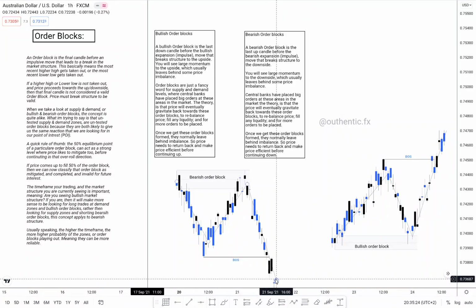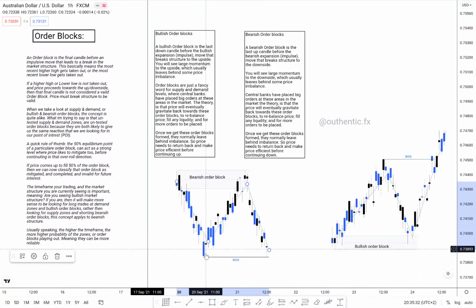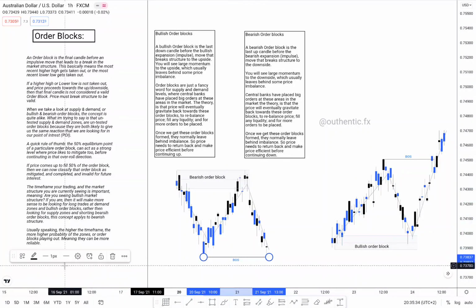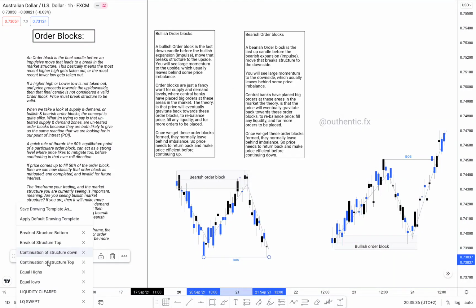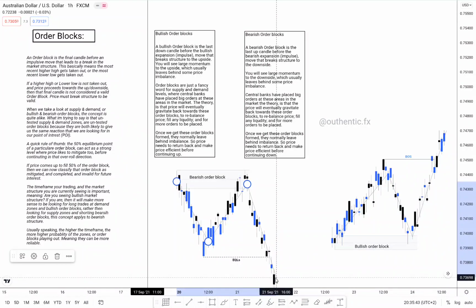So for example, if price reacted to this area of supply and then pushes down, but does not break structure to the left, but creates equal lows, which we're going to mark off here, that means that this order block is not yet valid till we get the break of structure.